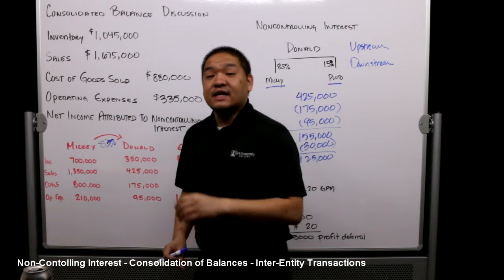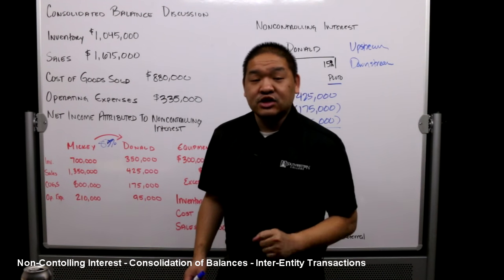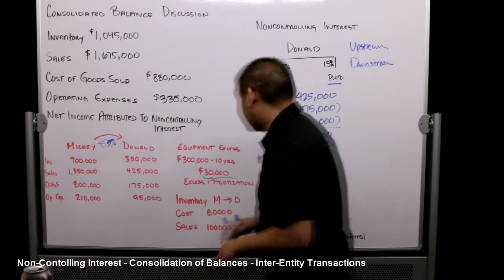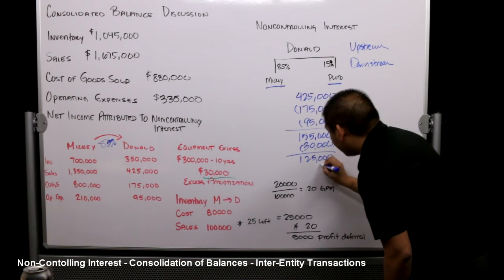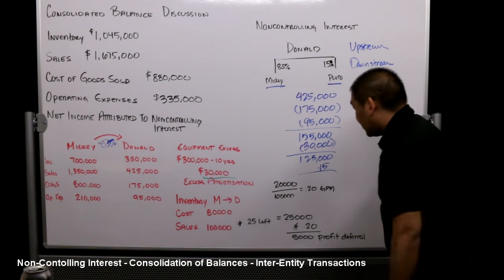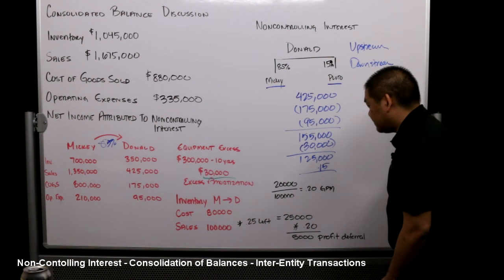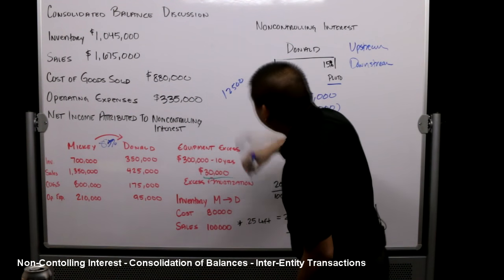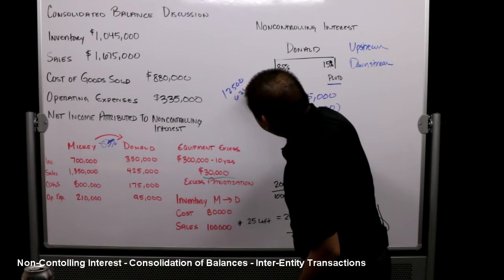So if this is a downstream calculation and we're trying to figure out net income attributed to non-controlling interest, we simply take our number here and multiply it by the non-controlling interest amount. Okay? In this case, $125,000 times 15%. Now, if we do the math, I get $12,500. Half of that is $6,250.